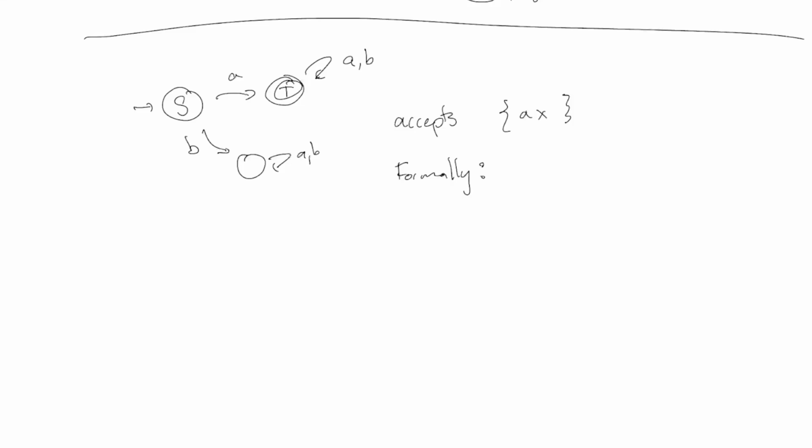But formally speaking, can anybody describe in formal terms what it looks like if I want to say that AX is accepted here? It's going to involve deltas. I'll give you a hint: delta star something something something equals something.